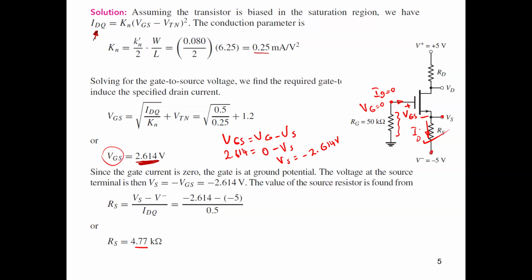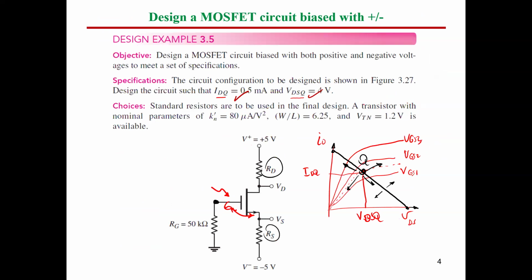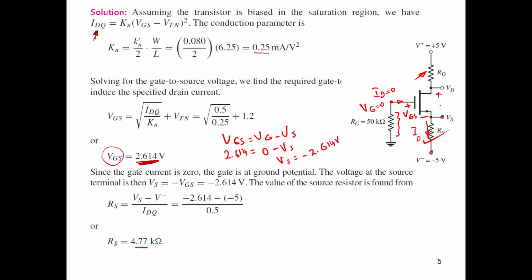Now we have RD. We need to get the value of RD. How can we get the value of RD? VDS is given. So if we go back one slide, VDS is 4 volt. So we have this volt here is 4 volt.